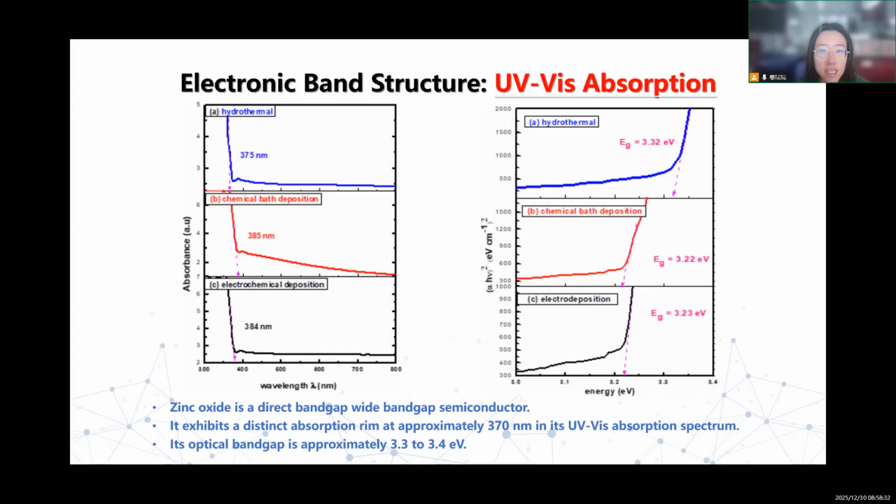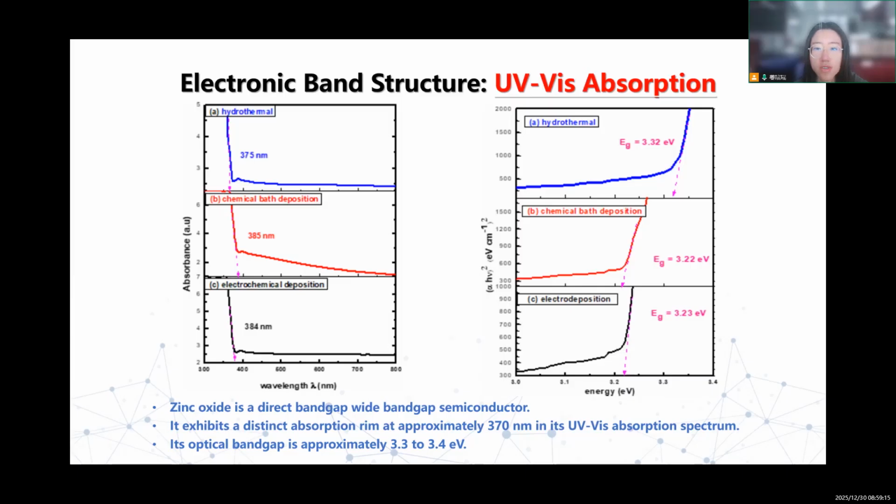We can see the zinc oxide from different methods has different absorption edges. First is 375 nanometers, then 385 nanometers, and the last is 384 nanometers. From that, we know zinc oxide is a direct wide bandgap semiconductor, so it exhibits a distinct absorption edge at approximately 375 nanometers in its UV-Vis absorption spectrum.